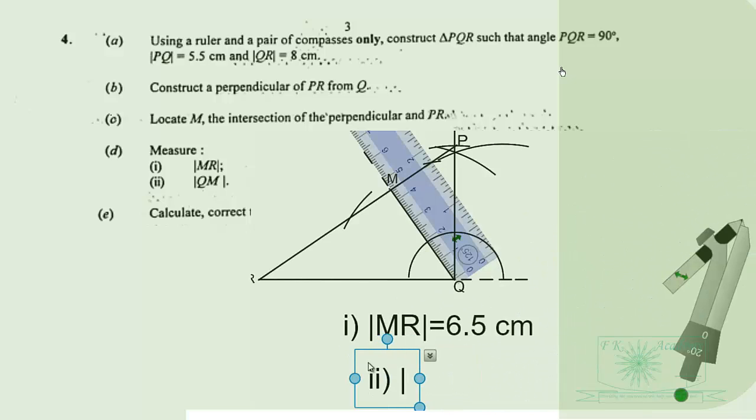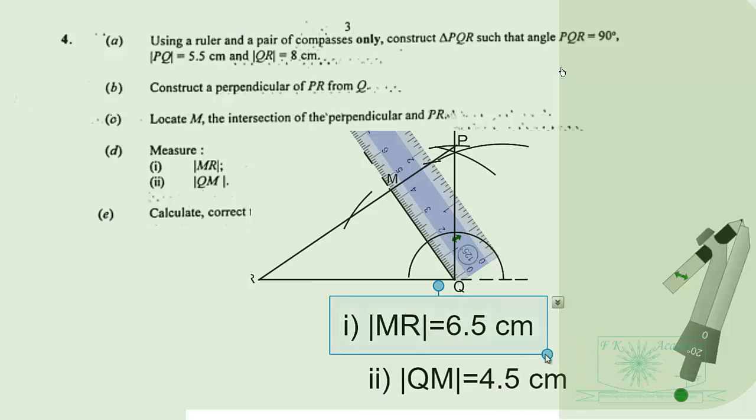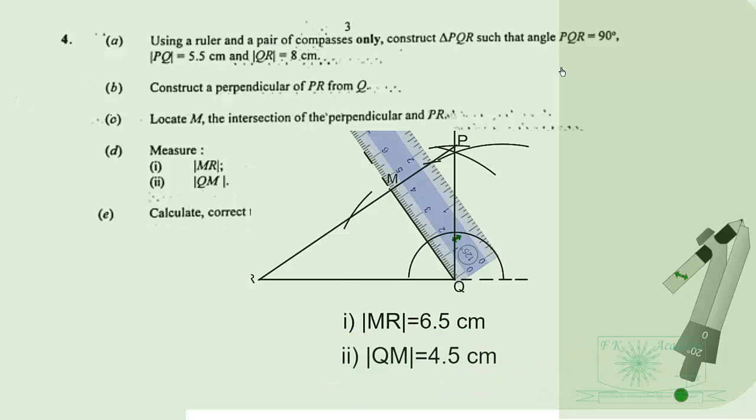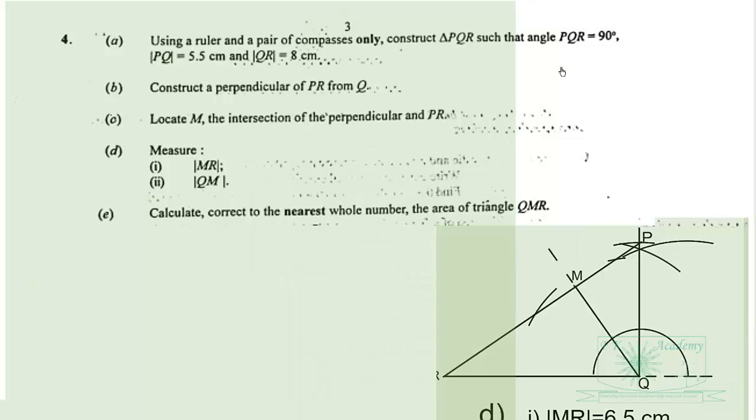And we also have to measure QM, and we can see that it is 4.5 centimeters. So we have the D part. Then the E part of the question says that we should calculate, correct to the nearest whole number, the area of triangle QMR.